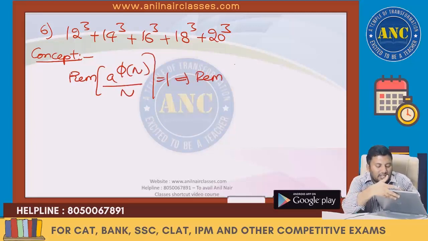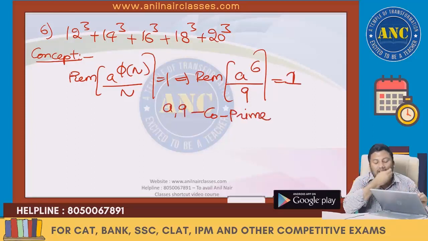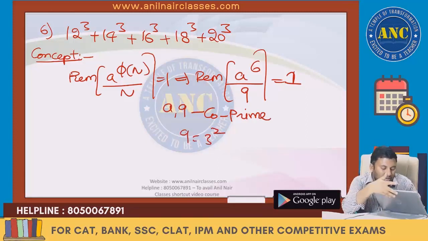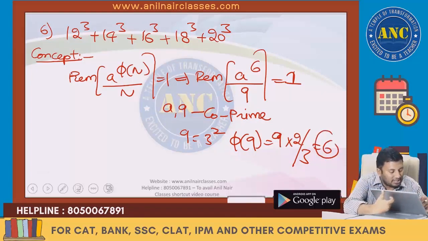We discussed this. The remainder when a power 6 is divided by 9 is 1, when a and 9 are co-prime to each other. This is Euler's theorem. How did we get 6? 9 is 3 square. Phi of 9 is 9 into 2 by 3, which is nothing but 6. I hope this concept is clear to you.